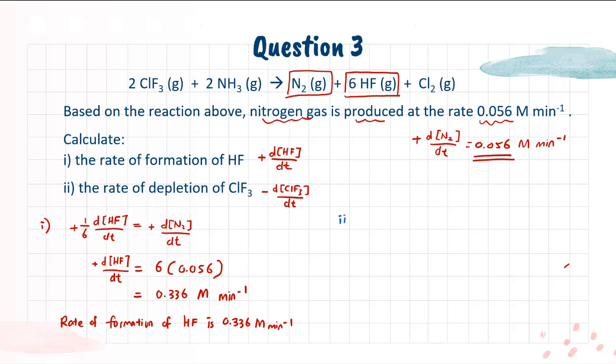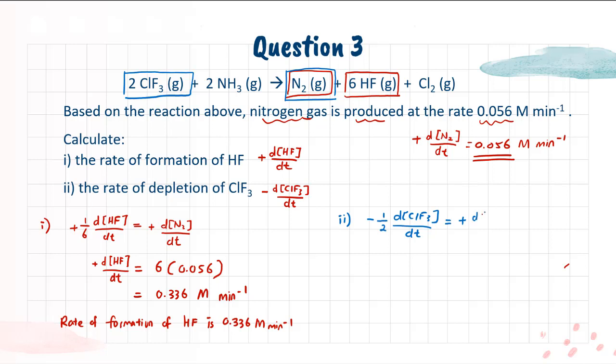Let's go to the second one, the rate of depletion. According to your balanced equation, ClF3 has a coefficient of 2, and the information that we have is the nitrogen gas. So write out the formula first. The one that we want to find, we put as the subject. For the reactant, you have a negative sign, 1 over 2 d[ClF3]/dt equals the information for nitrogen gas.